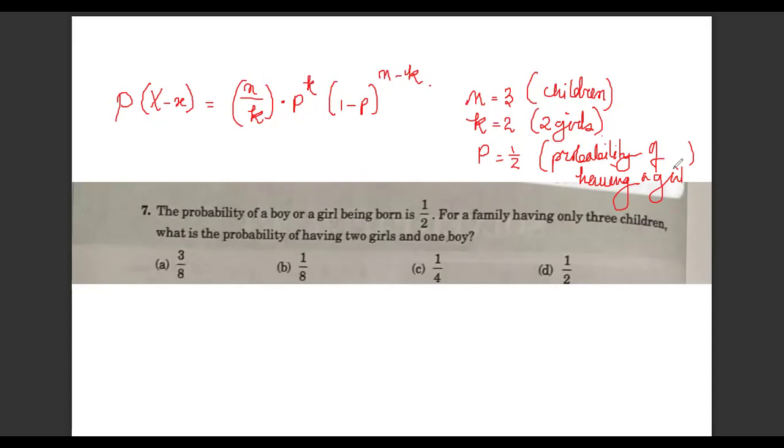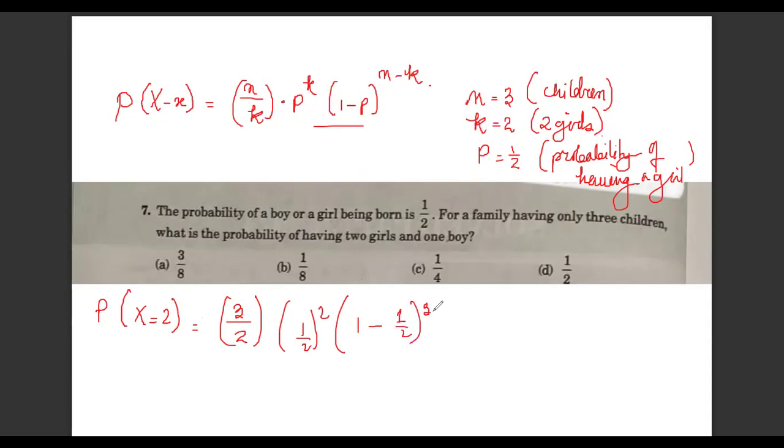Now let us plug in these values into the given formula. We have 3C2, p is 1 by 2 to the power 2, and 1 minus p would be half to the power 3 minus 2, and thereby you can cancel this.